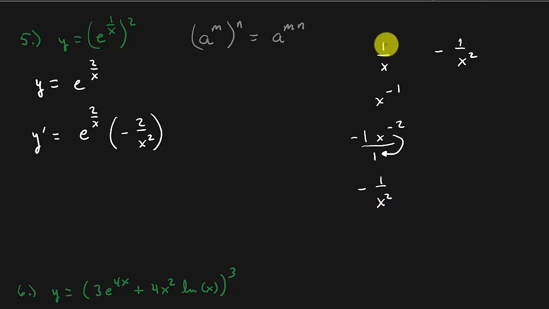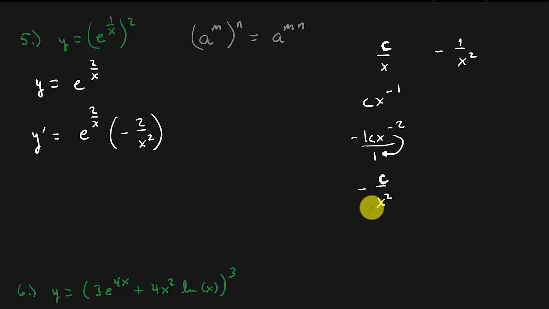And, you know, you could have some number up here other than 1, a 2, a 3, a 4, a 5, whatever. Let's just say it's some constant c. This would be a c right here. It would just be negative that constant term over x squared. That's one that I would just memorize. It comes up quite a bit throughout calculus, taking the derivative of 1 over x or some number over x.